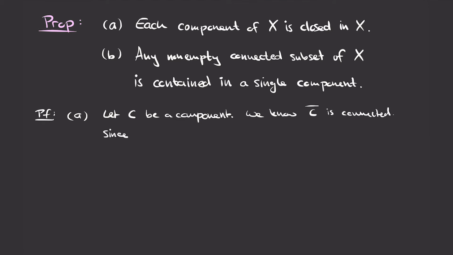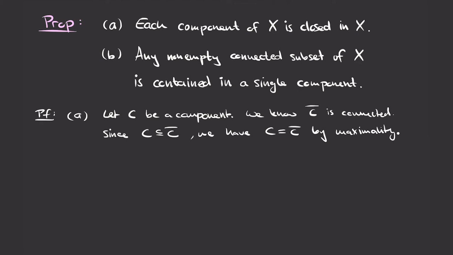Now, since C is a subset of its closure, and also C is supposedly a maximal connected non-empty subset, it means that C must equal its closure. This is again by the same maximality argument we saw in the previous proof.